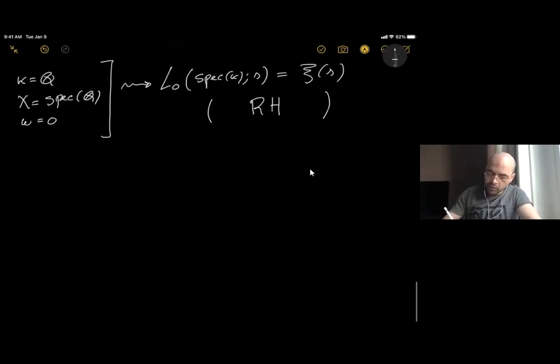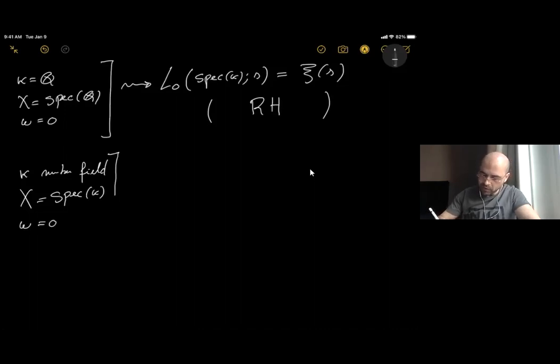And then if you go a little bit further, suppose that now K is a finite extension of Q, so suppose that it's a number field. And you take for algebraic variety the spec of K. Here again, there's no room for integers, it needs to be 0 because the dimension is 0. Then in this case, the L function that I've just defined actually reduces to what is called the Dedekind zeta function.